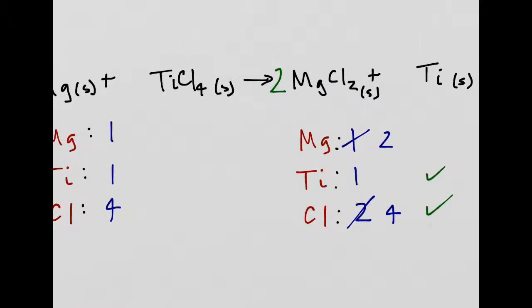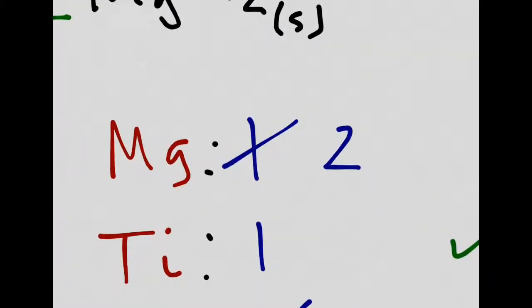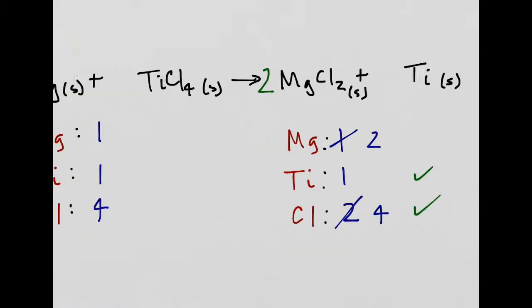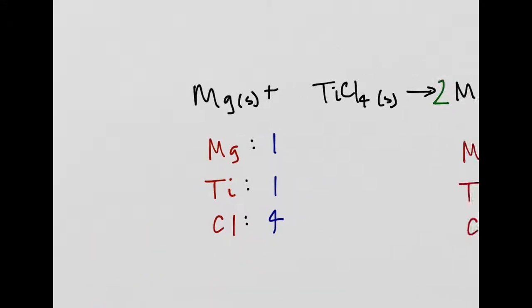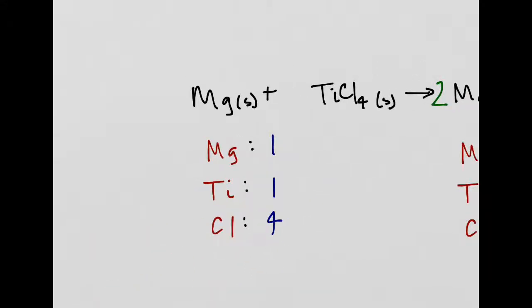But clearly, we're not completely done because now we have a situation where we have 2 magnesiums on this side, and over here, I only have 1 magnesium. Now, I think all of you probably know that all you need to do now is put a 2 in front of this magnesium because it doesn't affect anything else. And when I do that, I can go through and cross out the 1 that we had associated with magnesium initially on the reactant side.